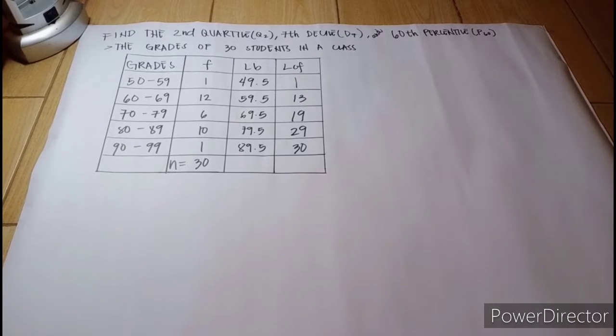So our table is complete, and this is what we need to find the quartile, decile, and percentile for grouped data. Using this formula to get the quartile, this is the formula.